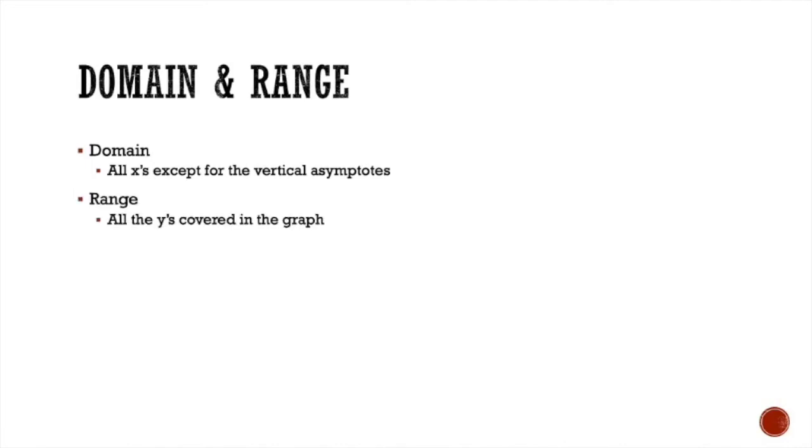The domain is going to be all the x values except for the vertical asymptotes. And the range is going to be all the y values covered in the graph, which usually is all the y values except for the horizontal asymptotes. I think once you look at your graph, you're going to notice that anyway.